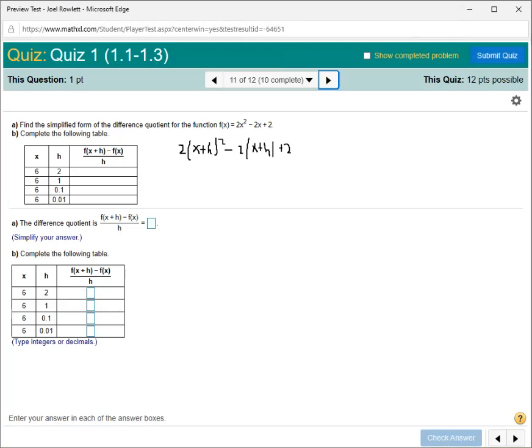So there's f of x plus h, but then I have to subtract f of x. So that's going to be minus 2x squared plus 2x, because a minus and a minus is a plus. And then I have to subtract 2. And of course, we still have to divide all of this by h.